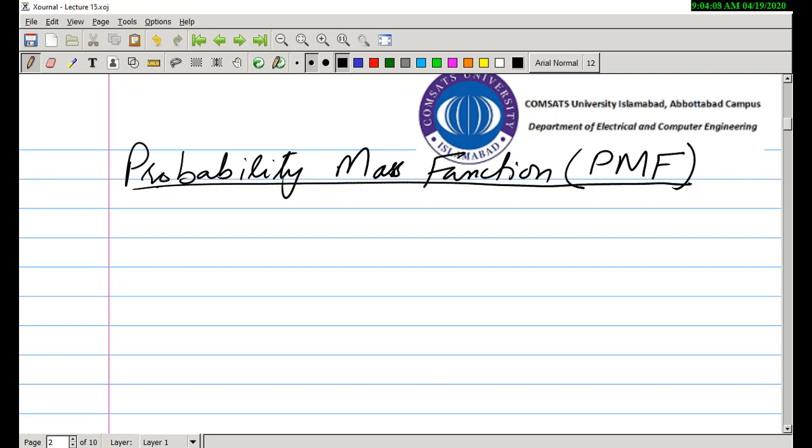As the name suggests, the probability mass function gives us information about the probability that we calculate for a certain discrete random variable. It is normally defined and written as P sub X of small x, for all the values for which we are finding the probability, and that is equal to the probability that X is equal to x. So we can find the probability of this function.